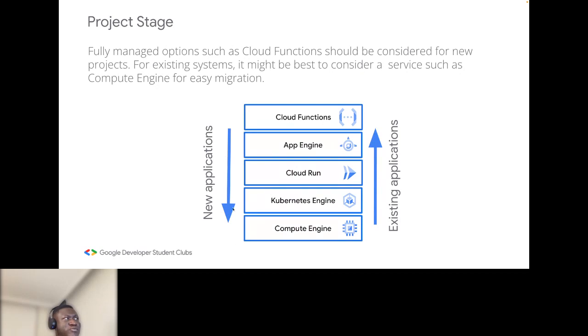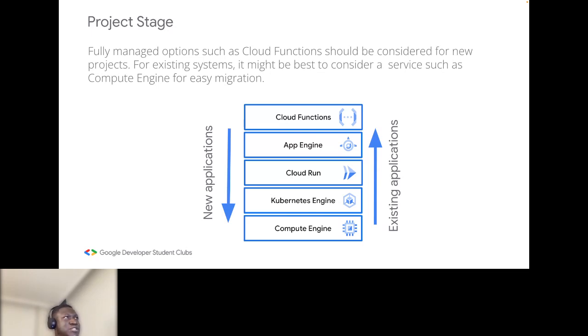You want to consider products from the top to the bottom in this diagram, because it's easier for you to architect your application to work with these products since you're just building it out. You might want to consider them because they're quite cost effective and have more features. They allow you to worry more about development and shipping your project rather than managing the infrastructure.